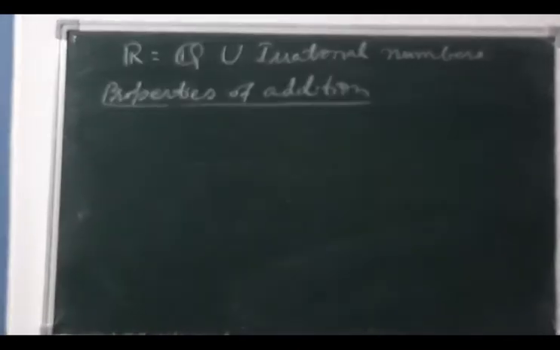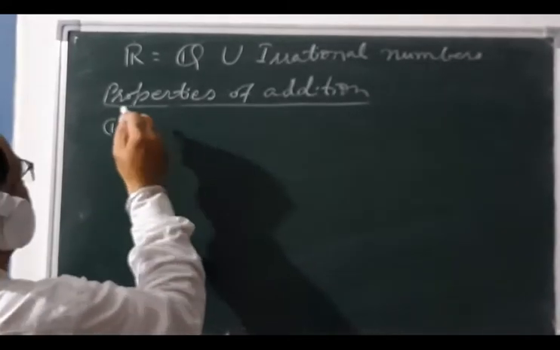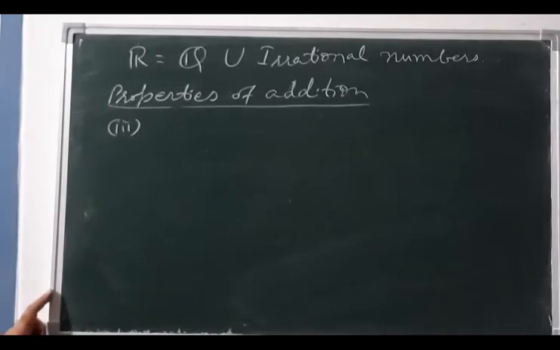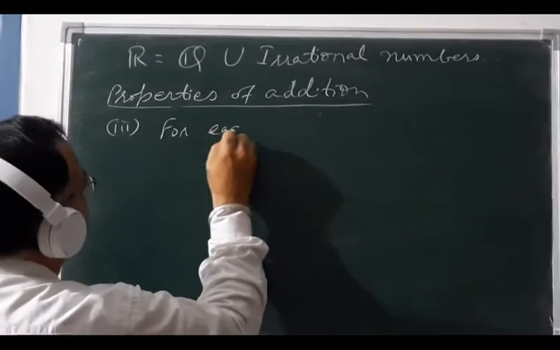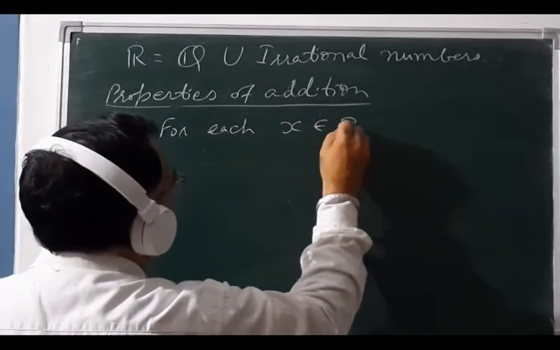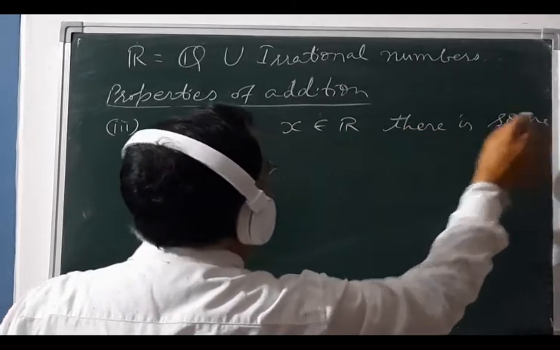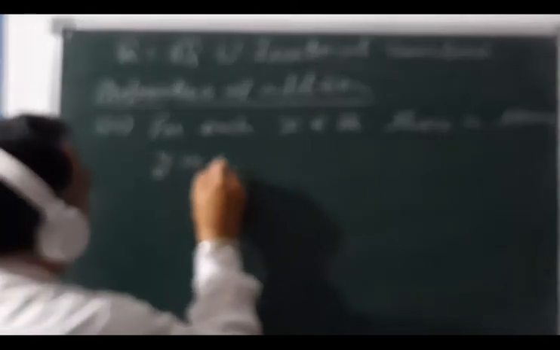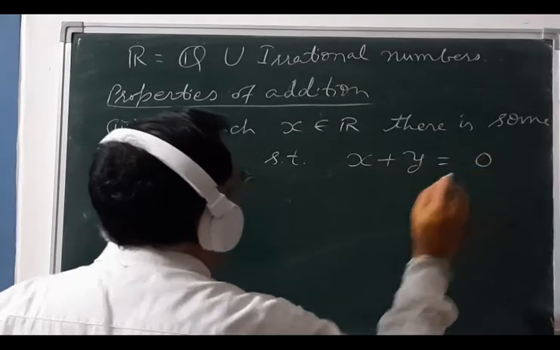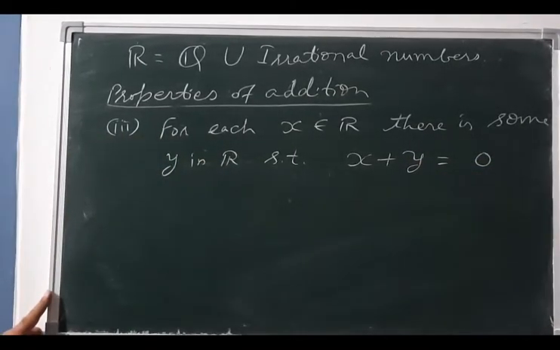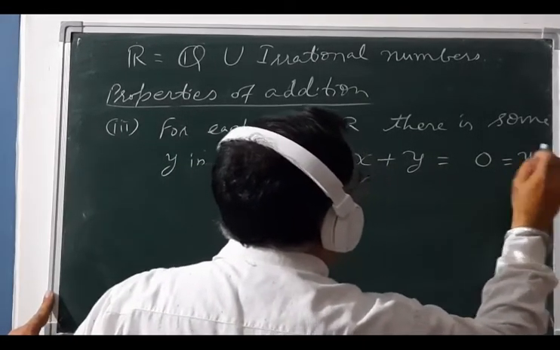The third one is the existence of additive inverse. In the set of real numbers we have this property: for each x in R there is some y in R such that x plus y is the identity, that is x plus y is 0, and this is the same thing as y plus x.